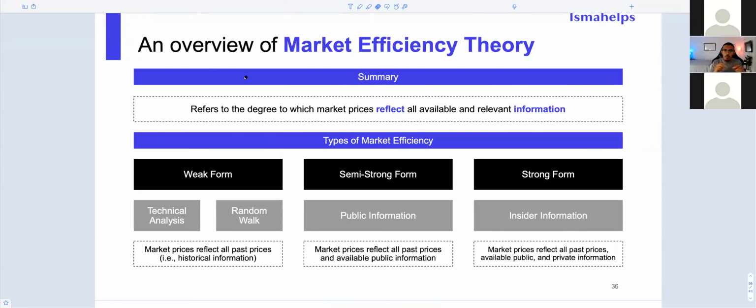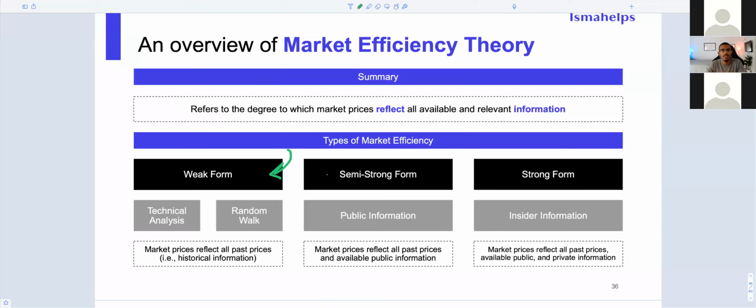So to tie a bow on a semi-strong form of market efficiency, what you want to remember is that all public information is reflected in the market prices. In other words, all public information is reflected in the stock price, okay? But one little caveat for you. When we're saying that a market is semi-strong form, we're also saying that everything that was said about the previous form, the weak form, also holds.